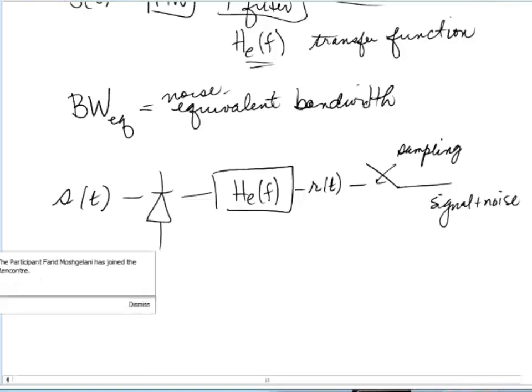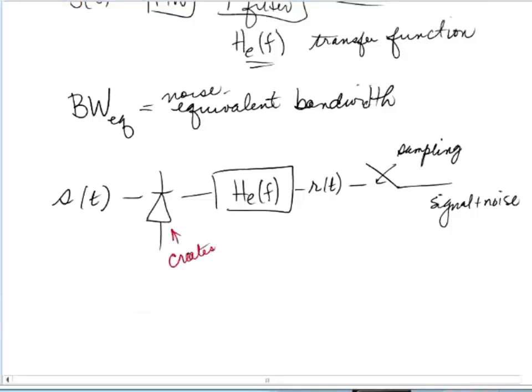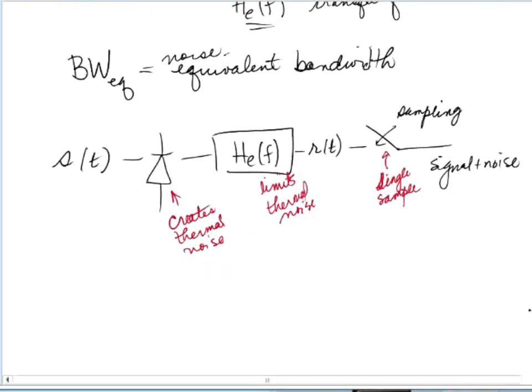So this PIN creates thermal noise. The electrical filter limits thermal noise. And now the sampler creates a single sample of the continuous time random process, which is additive white Gaussian noise.